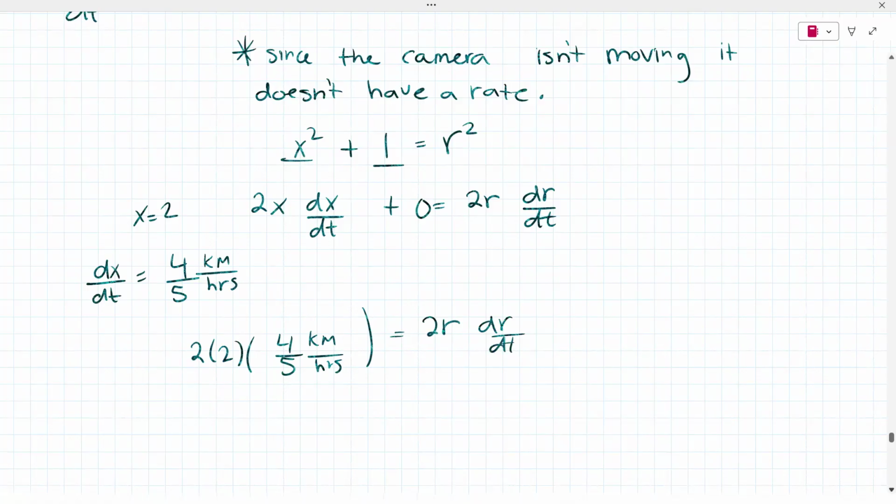We are trying to solve for dr/dt, right? The first part of the question says, how fast is the distance from the car to the camera changing when the car is 2 kilometers from the camera? So that is a speed. We already have one speed, which is dx/dt, so we have to find dr/dt.